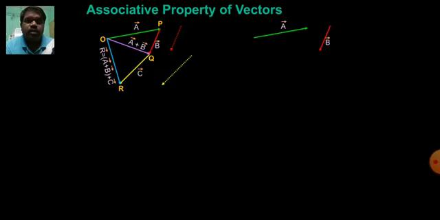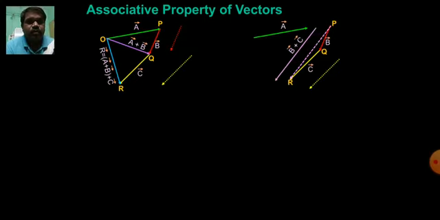See, on the other hand, suppose this is vector A, this is vector B and this one is vector C. So when we place the tail of vector C at the head of vector B, then what will be its resultant? Its resultant will be vector B plus vector C. In the same way, let us place the resultant of vector B and C at vector A. Then what will be the resultant?